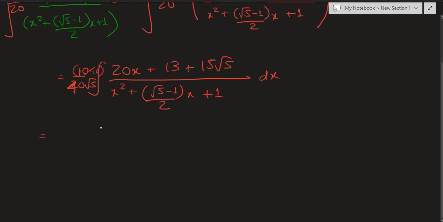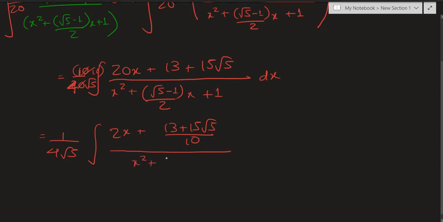Sorry for being shabby, but okay. So we have a 10, and this will make 1 over 4 root 5. And then since we divided by 10, we have 2x plus 13 plus 15 root 5 by 10 over x squared plus root 5 minus 1 by 2x plus 1 dx.